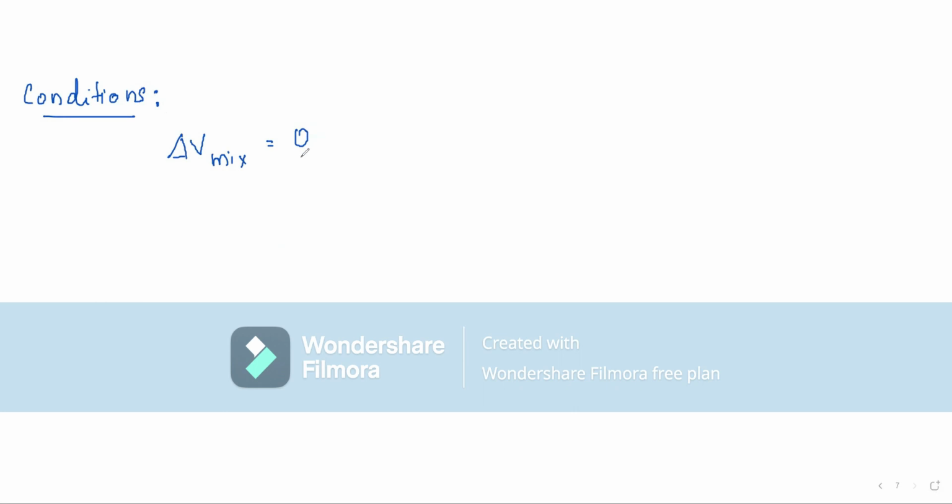As in, if you are mixing 1 ml of the solute with 2 ml of the solvent, the net result has to be exactly 3 ml. That's when we write delta V mixing is equal to 0. Similarly, delta H mixing also has to be 0. Now, what does this mean?